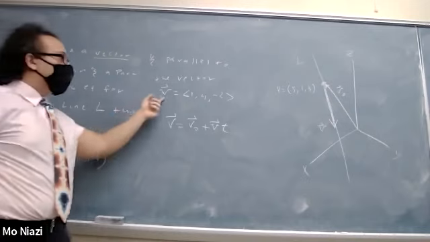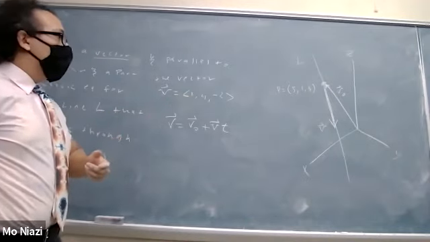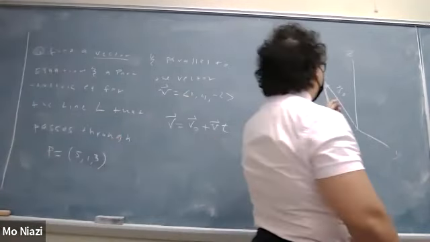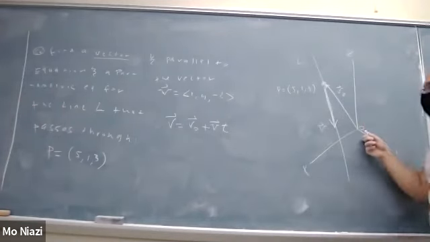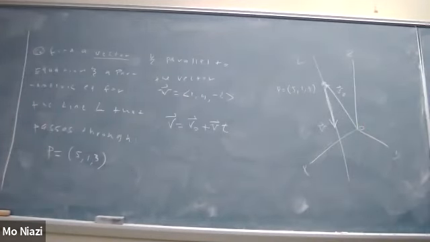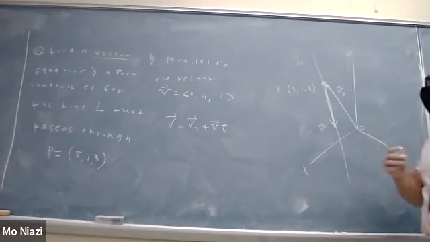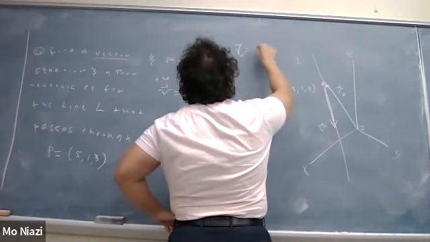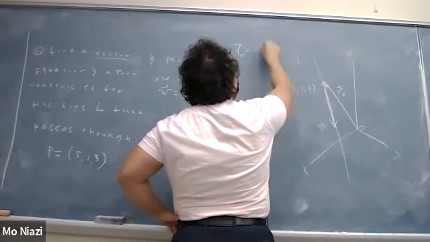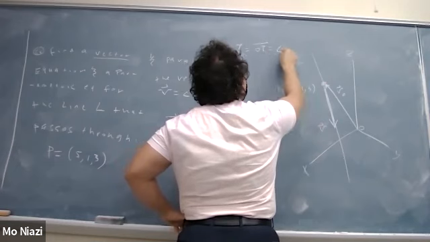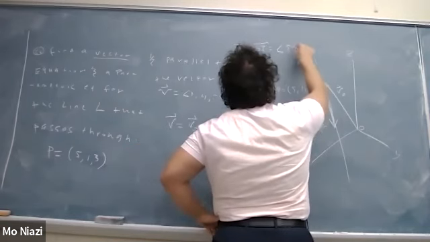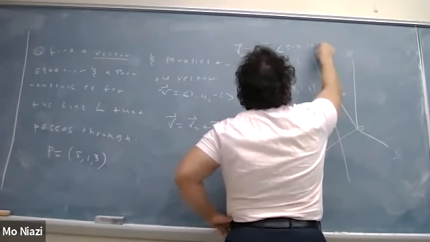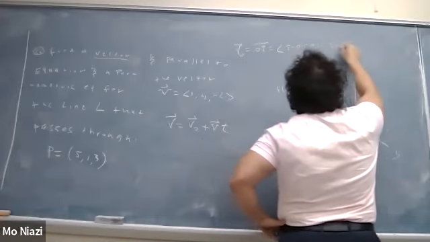Notice we can find r naught, right? r naught has a starting point, the origin, and ending point, P. So notice r naught is really a displacement vector where it goes from O to P. And we do final minus initial, final minus initial, final minus initial.